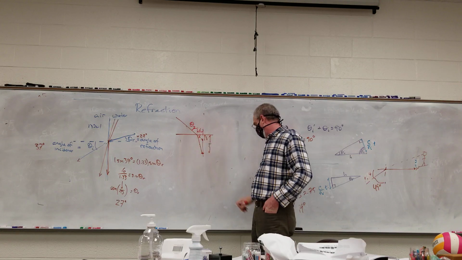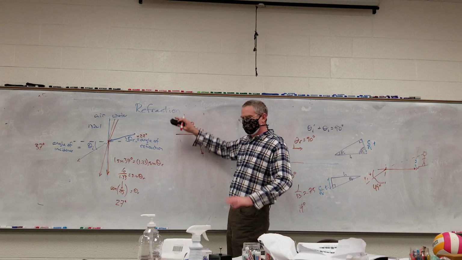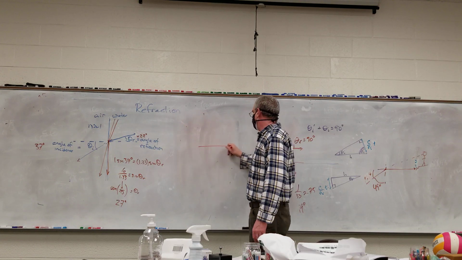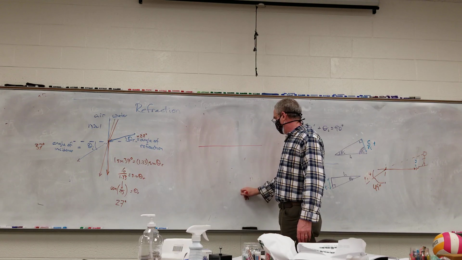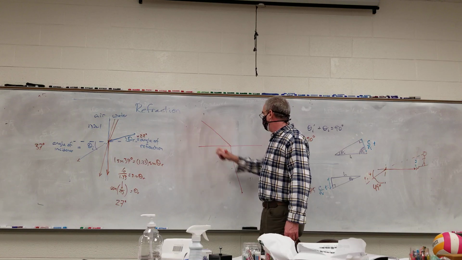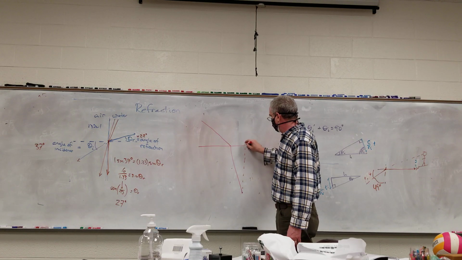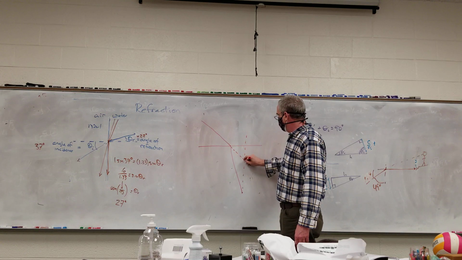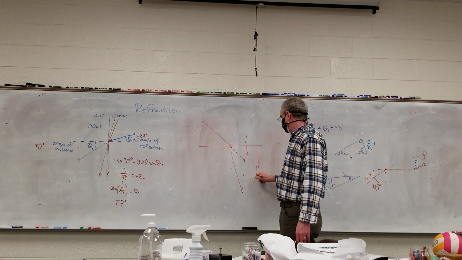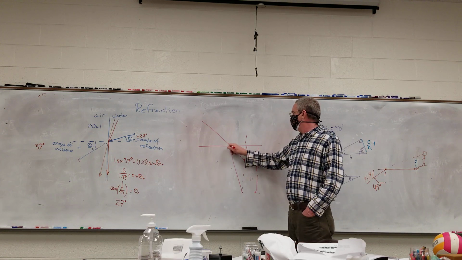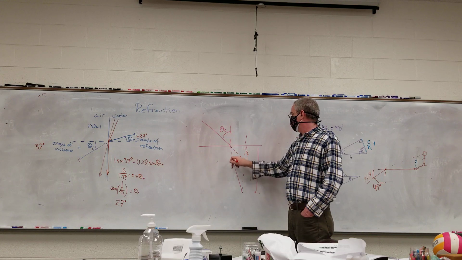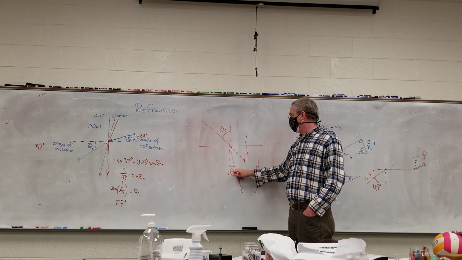So this angle right here is theta 2, and I feel like I need to make this bigger. So if you've got it in your notes, no problem. I'm just going to make this larger. So that distance there is Q, and then P is this distance here. Theta 2 and theta 1.